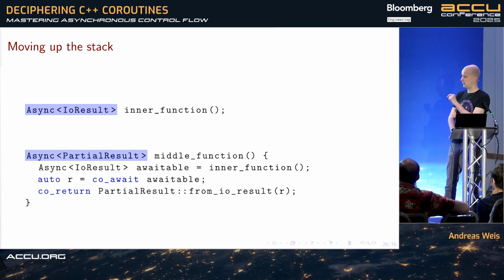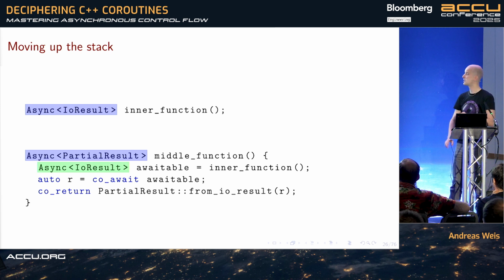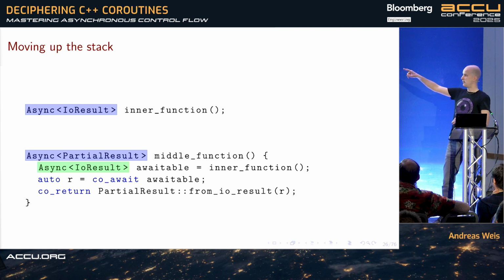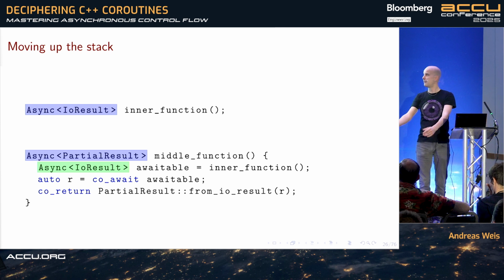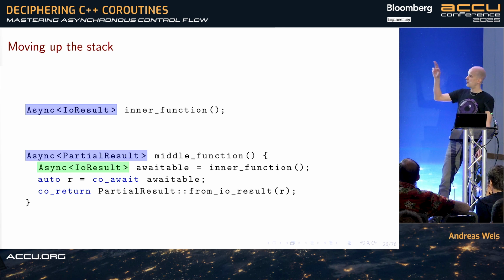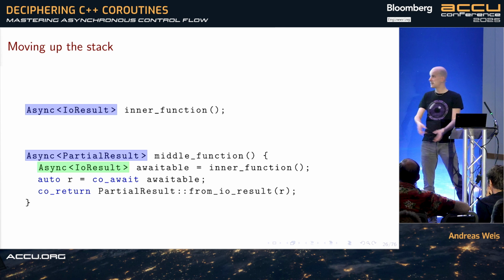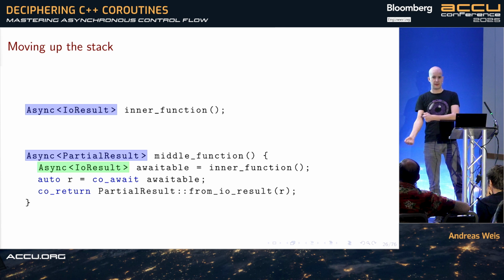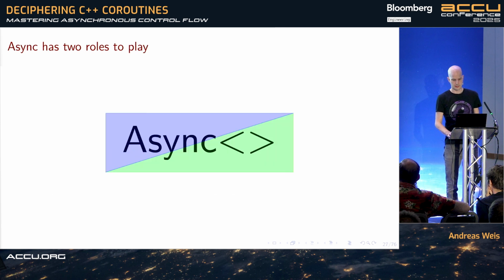So if we use our little color coding from the beginning, then this async IO result down here in the function is an awaitable, right? That's the green thing. But in the inner function up there at the top, it is the return type of that function. It's the same async IO result object, just in different contexts, it plays two different roles.